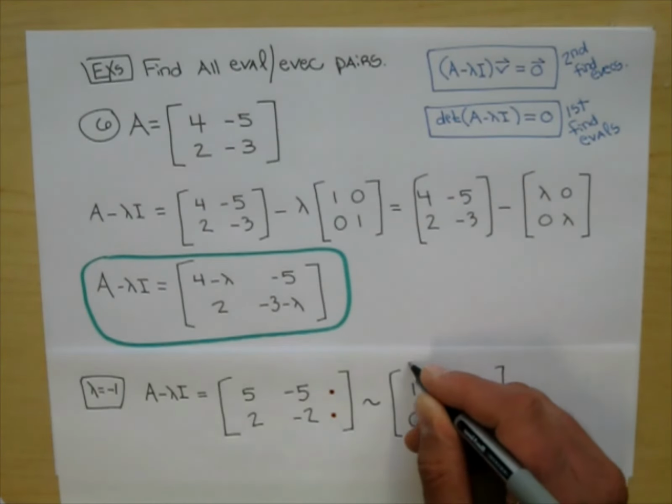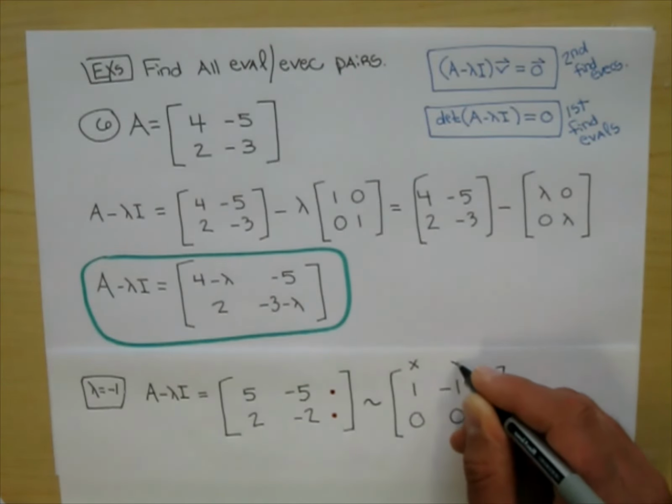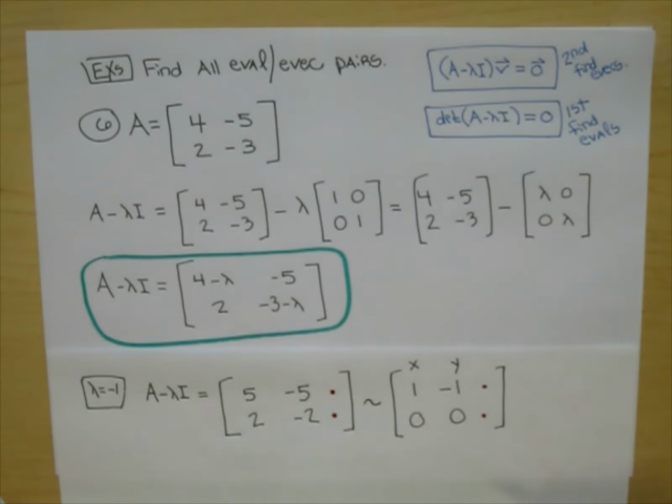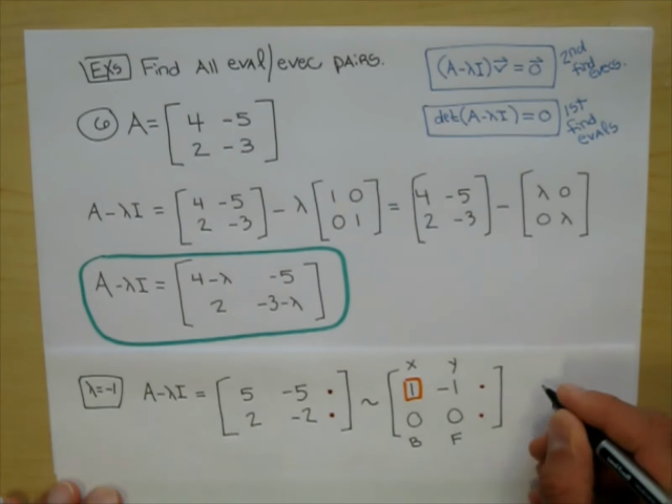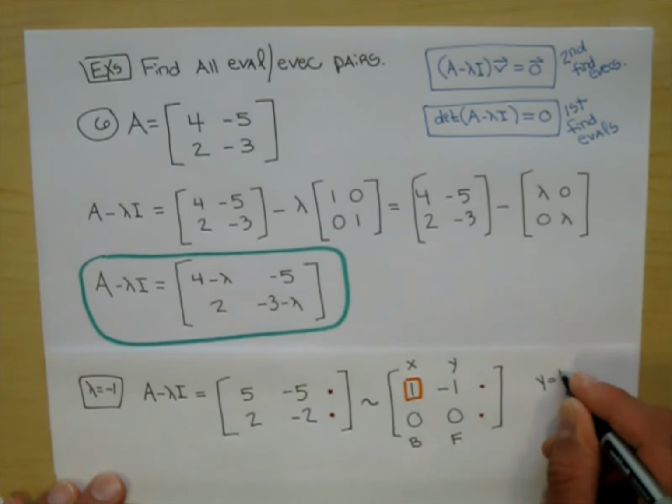Okay, so we'll call this x and this y, though it doesn't matter what I call them, and I'm going to try to find this thing here. What do we have? I think I'll take out the orange pen. This guy is bound, and y is free. So bound, free. y is t.